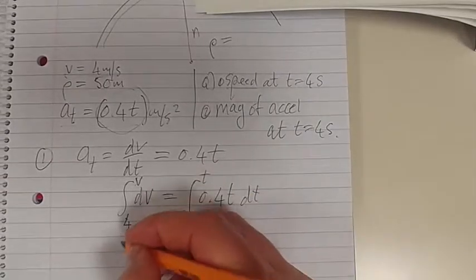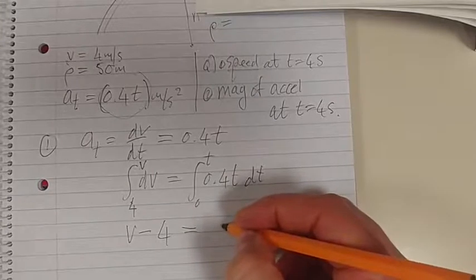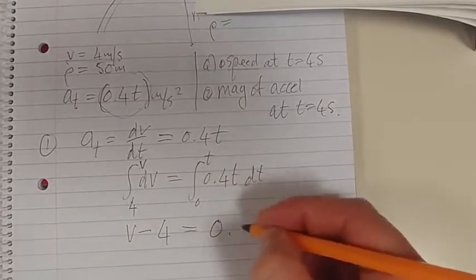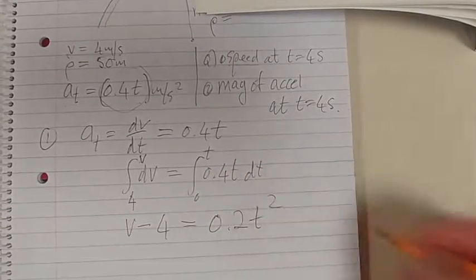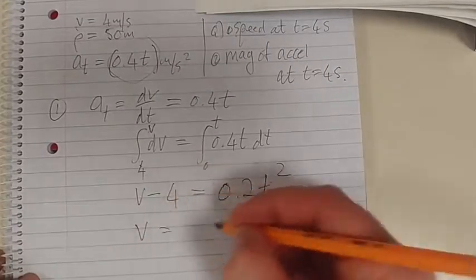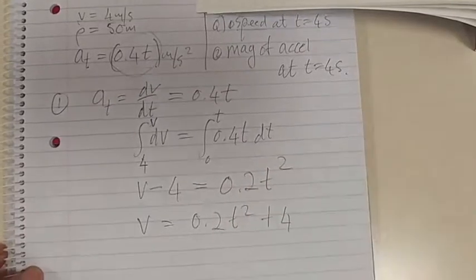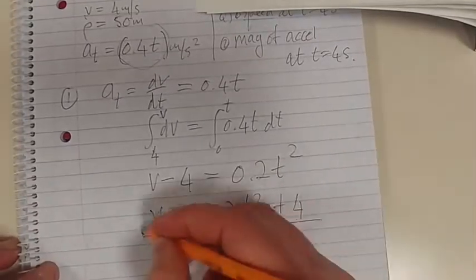So we're going to have v minus 4 equals, and if you do the integral here, you should get 0.2 t squared. So we have v is 0.2 t squared plus 4. That's our equation.